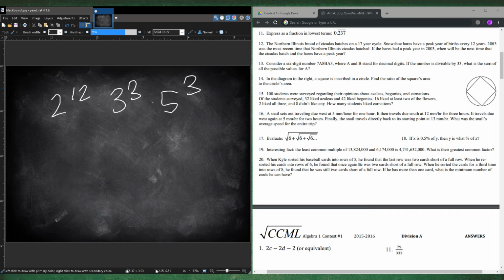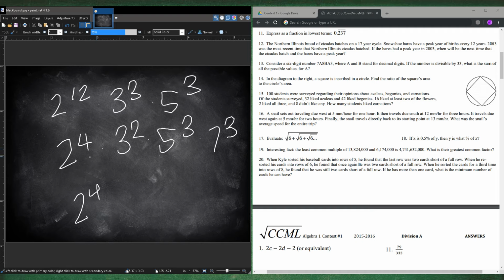And then you factor the other number, 6,174,000, which gets you 2 to the 4 times 3 to the 2 times 5 to the 3 times 7 to the 3. So for the greatest common factor, you look for the numbers that are in both sets. So you have 2 to the 4, the lowest amount of 2s, 3 to the 2, and 5 to the 3. So that gets you 2 to the power 4 times 3 squared times 5 to the 3, which is equal to 18,000.